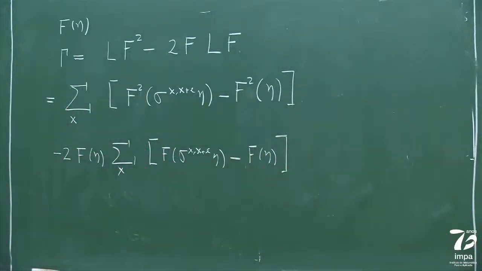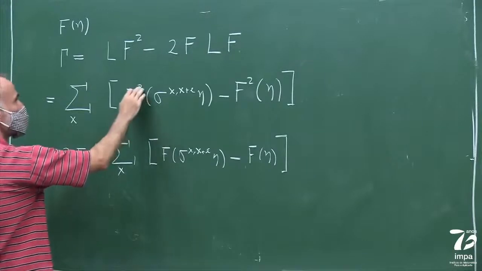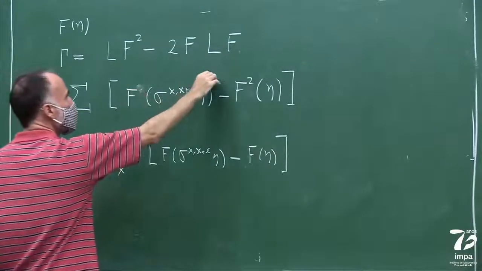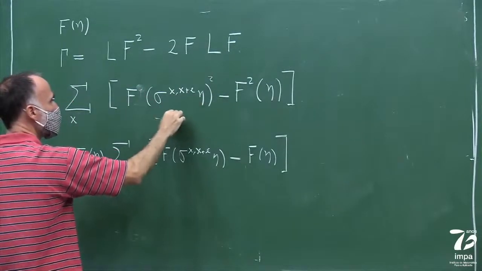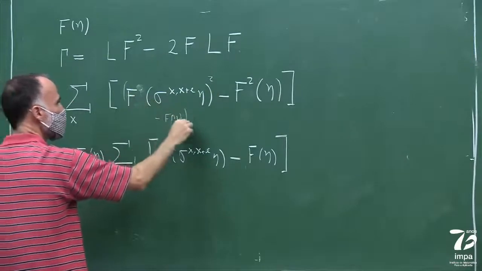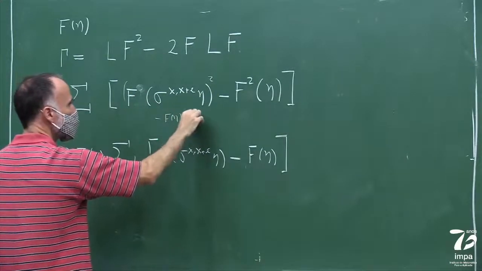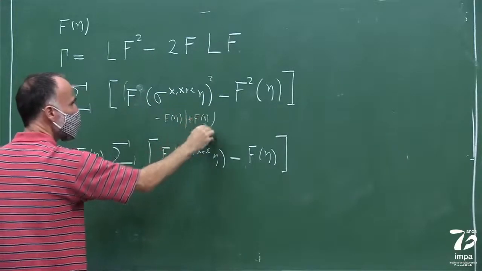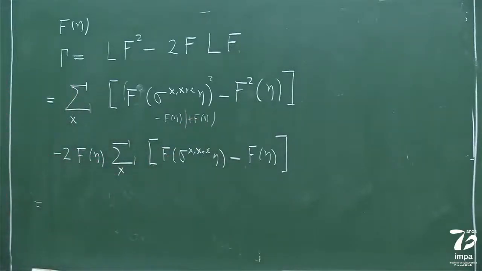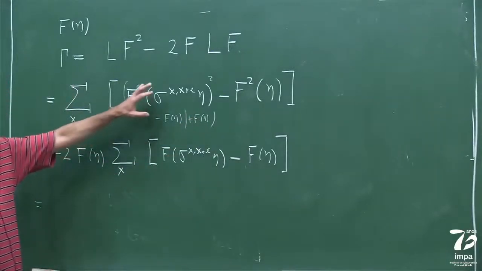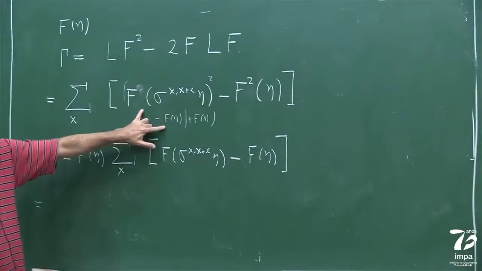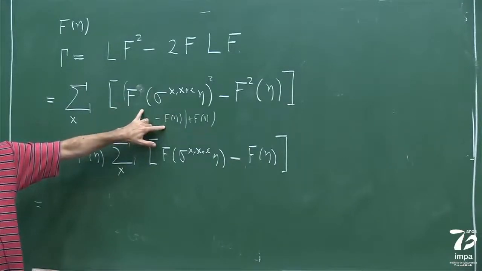And what I claim is that this is equal to the sum of the square of the difference. So take the square: f of sigma x plus e eta minus f of eta, plus f of eta. When you compute the square, what you get is first the square of the difference.